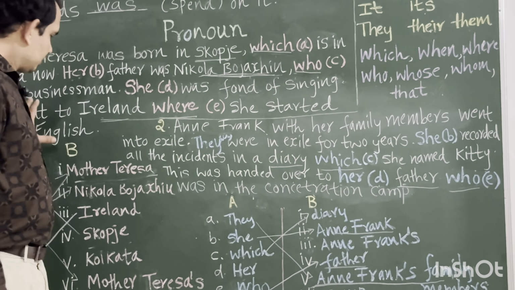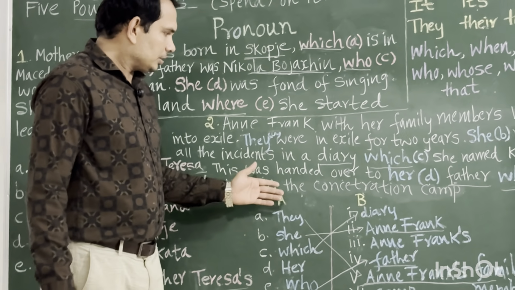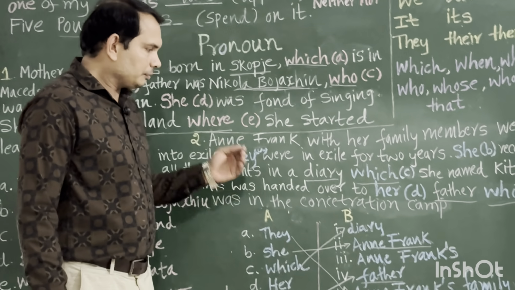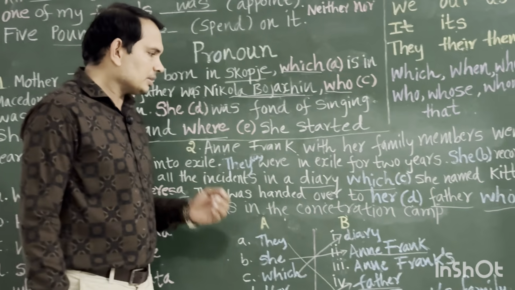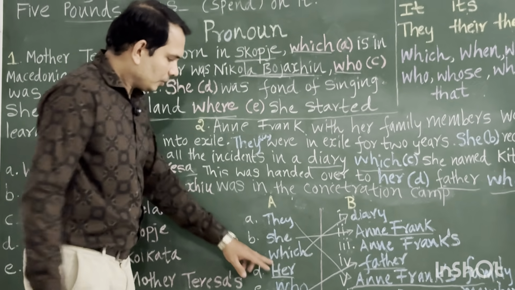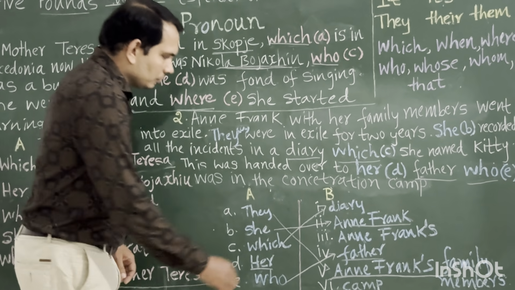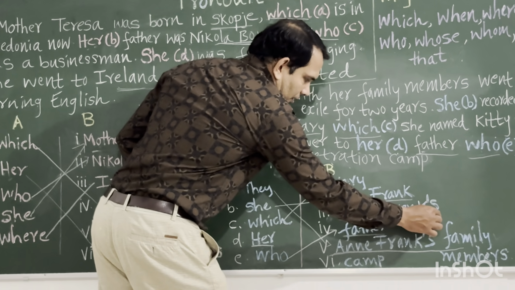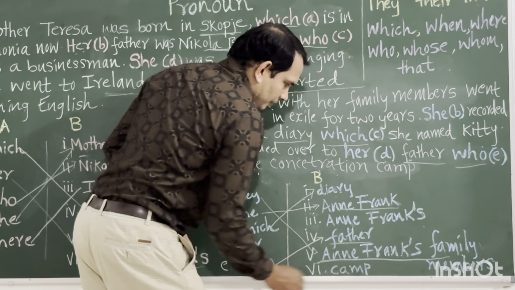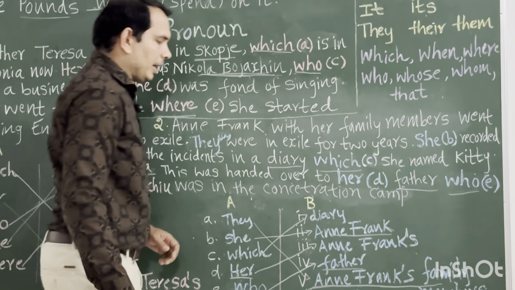While discussing the first question, I told you, if you get a possessive pronoun, it's very easy. The answer must have an apostrophe s. This pronoun is a possessive pronoun, and this word has an apostrophe s. So, the answer is Anne Frank's.